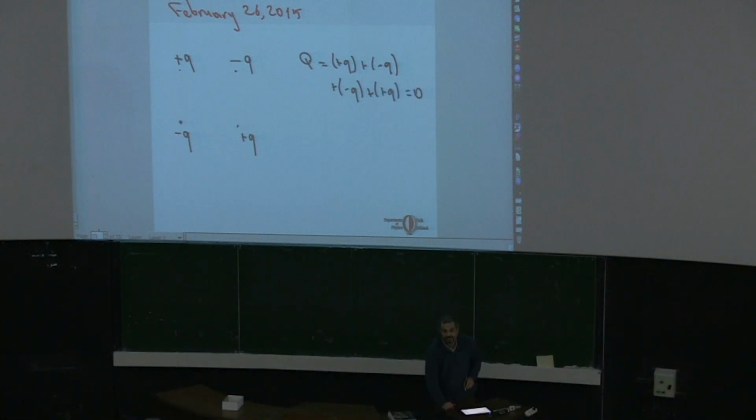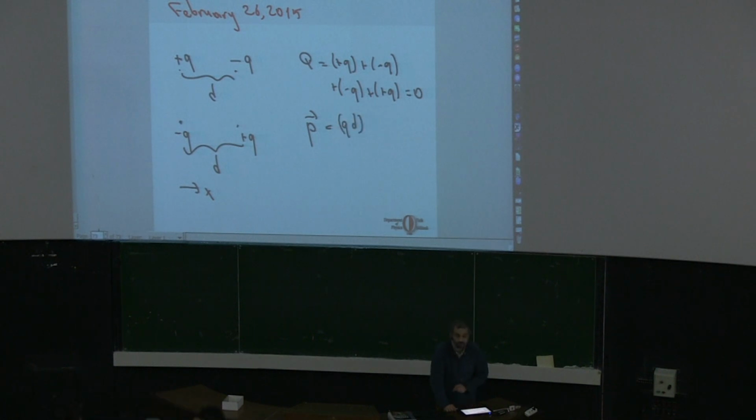Now, if you calculate the dipole moment of this configuration, let's say this distance is d, this distance is d, and this is the x unit vector. I have one dipole over here, which has magnitude q d.